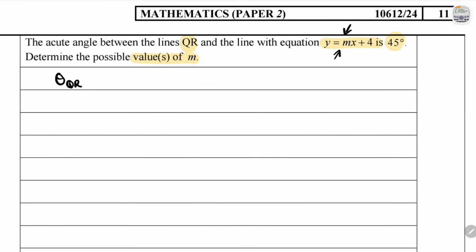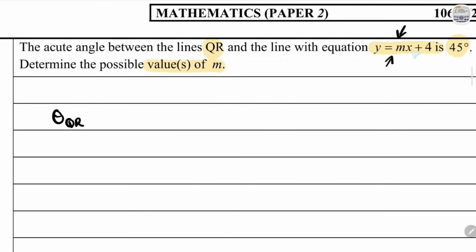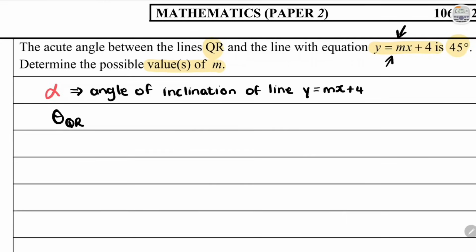We would have to consider two possibilities. So we take the angle of inclination of line QR, we take the angle of inclination of this line, which we're clearly going to have to call something. Let's just name that. I'll call it alpha. So the angle of inclination of this line, I'll call that alpha. Of course, that is the angle of inclination that it creates with the x-axis.